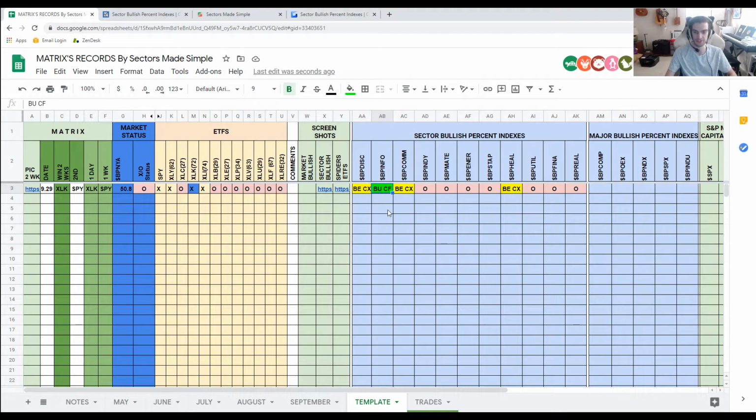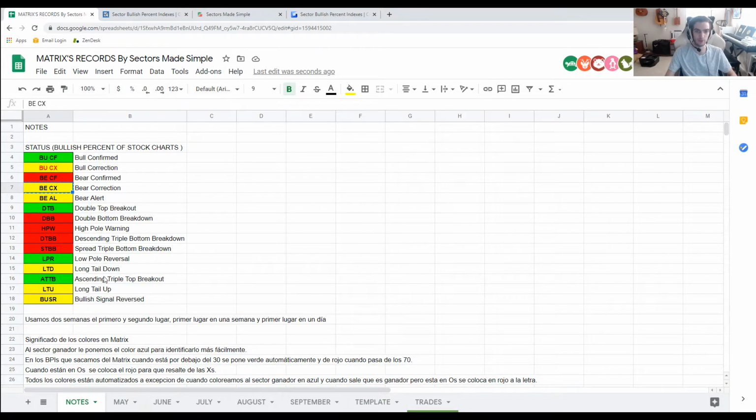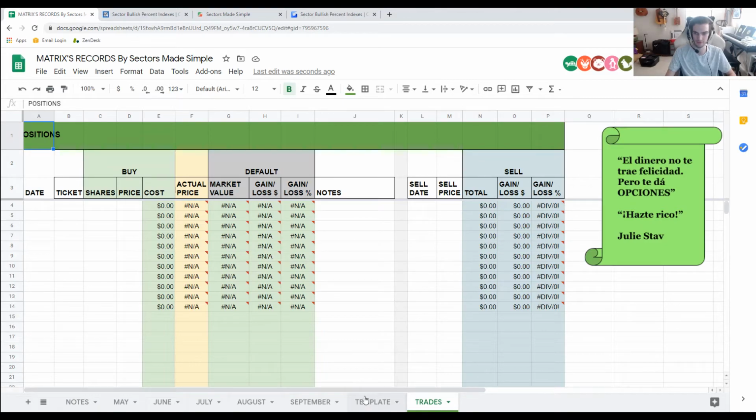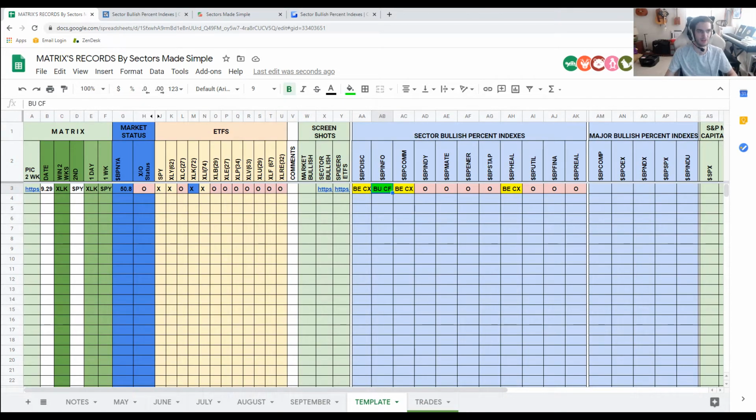We don't want to see bear confirms. Just like we want to see double top breakouts in our normal charts, we don't want to see our double bottom breakdowns. So on and so forth. Does anybody have any questions here?